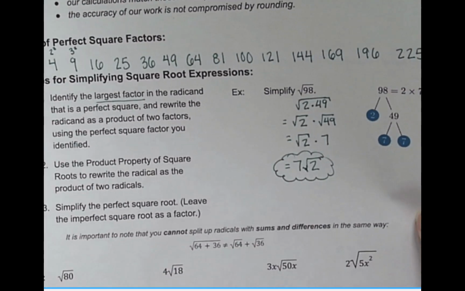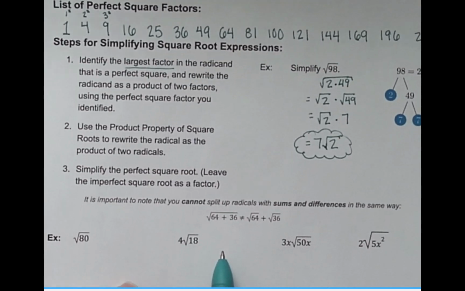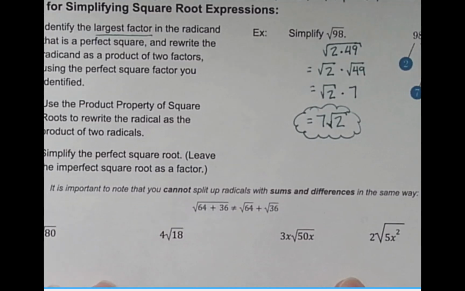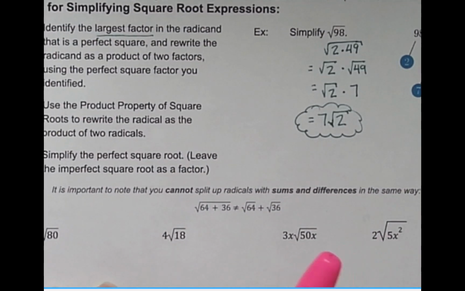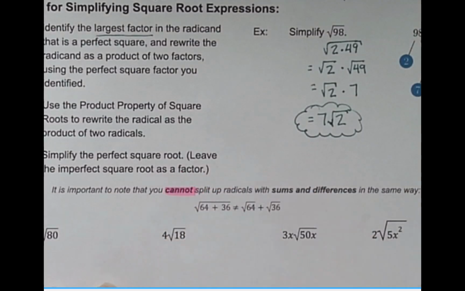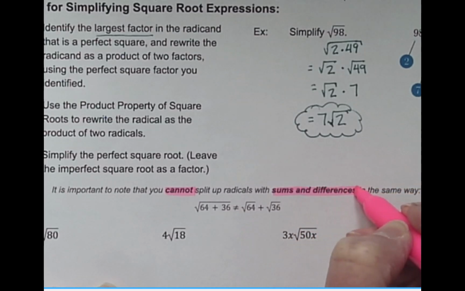Now, it is important to note something that you might be tempted to do. So I'm going to zoom in on this, make a big no-no here. It's important to note that you cannot split up radicals with sums and differences.